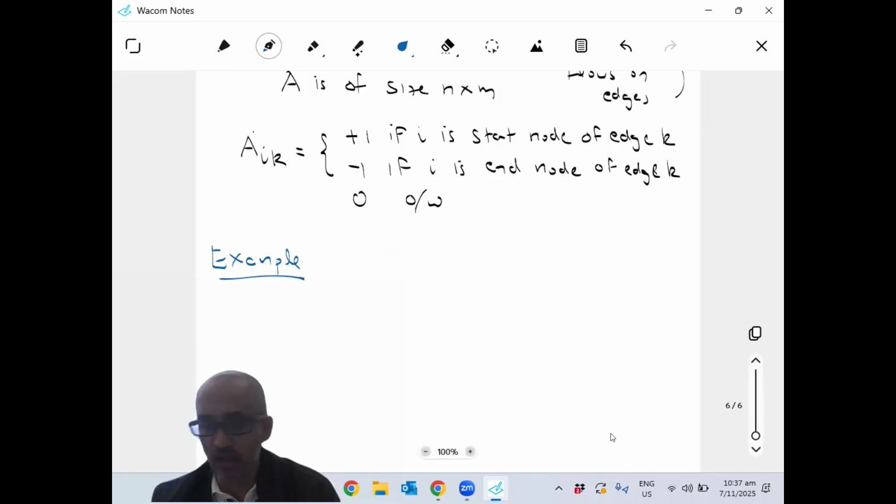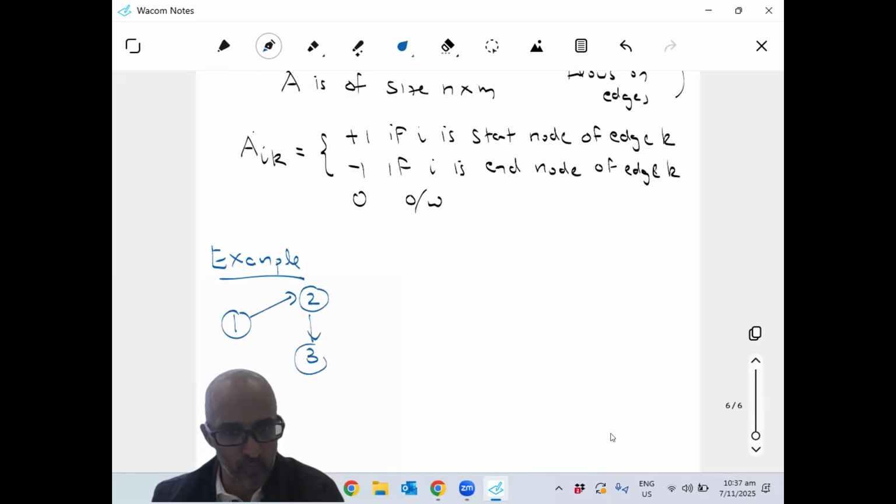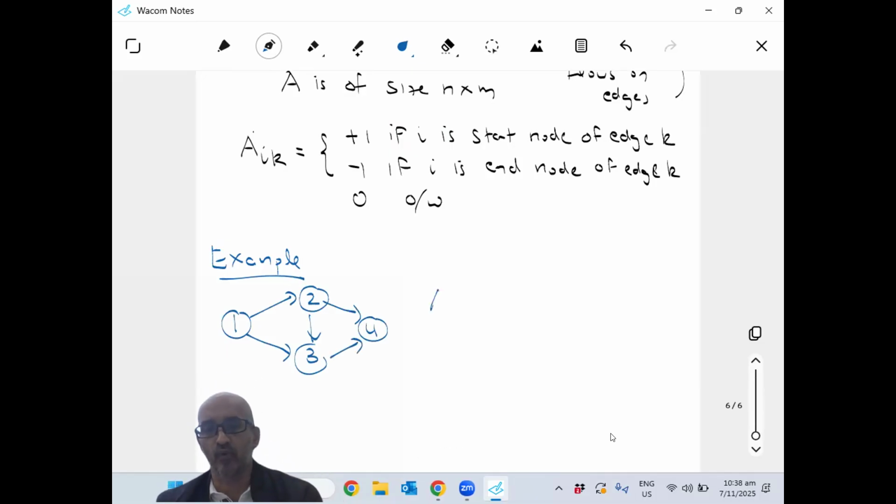So let's take a particular graph. How will A look? A is a matrix. There are 4 nodes: 1, 2, 3, 4. There's going to be a row for each node.